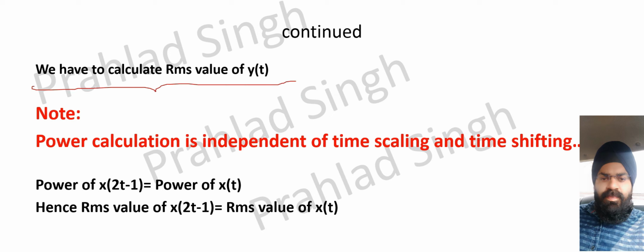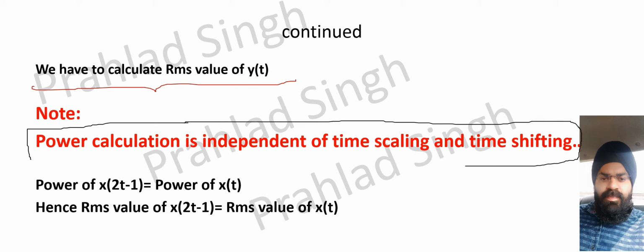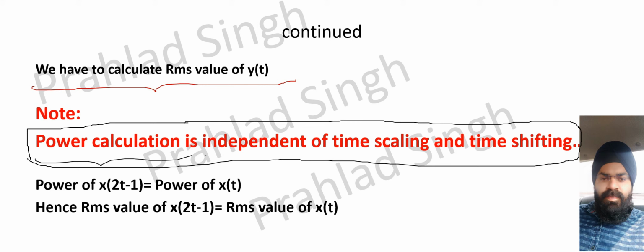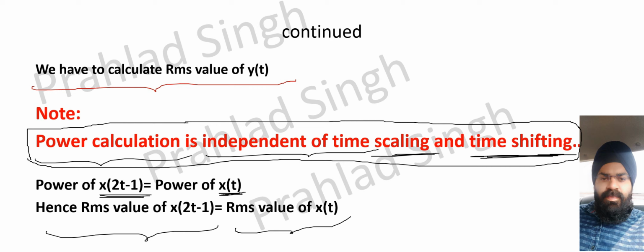Now we have to calculate the RMS value of y(t). Here is another important note: power calculation is independent of time scaling and time shifting. This is another very important concept for exams. We already discussed that x(t) and x of 2t minus 1 have only a time scaling and time shifting difference, so both have the same power.